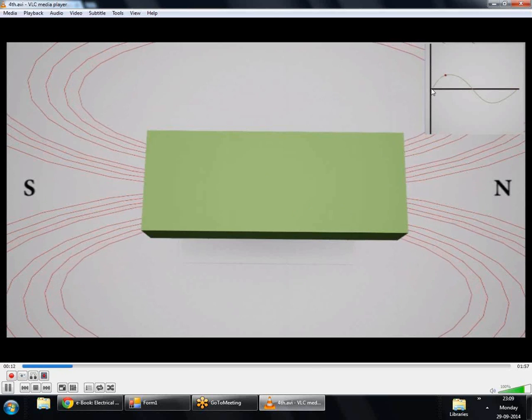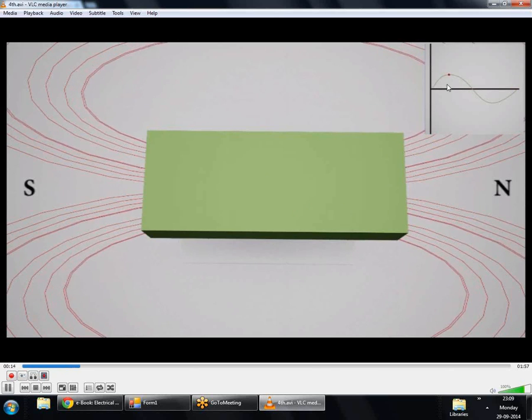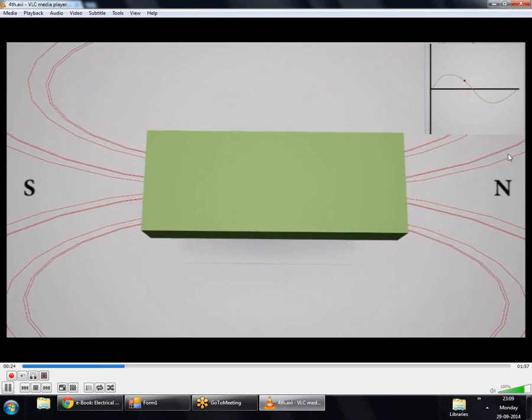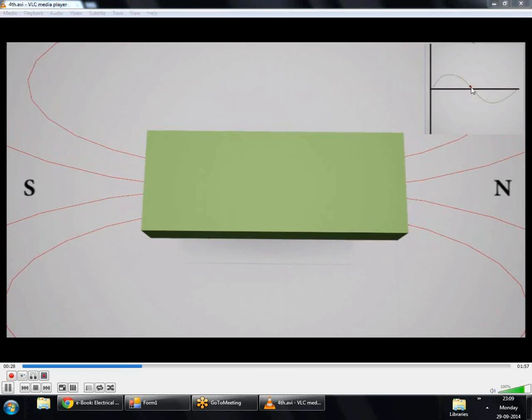This alternating magnetic field is created due to the alternating current which flows in our machines and transformers and all electromechanical energy conversion devices. You see during the positive half the orientation of the north and the south pole. Once the current enters the negative half, the orientation of the north and the south pole is flipped.